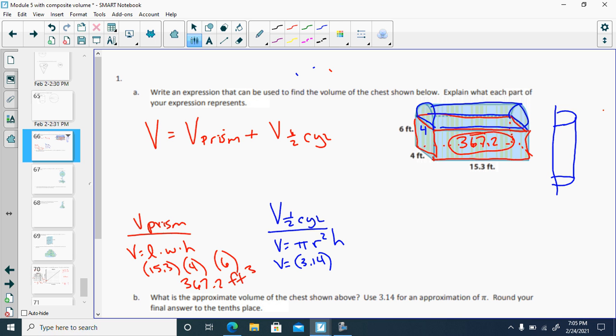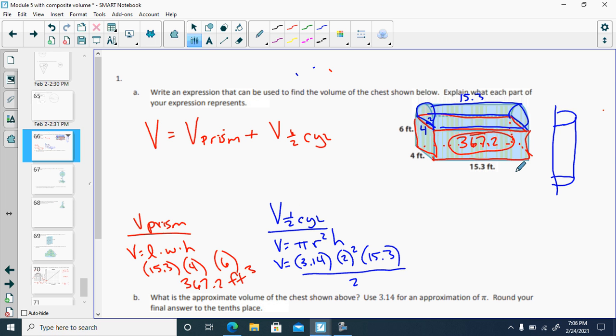So halfway across would be half of that, it would be 2. The radius is 2. The height is going to be this distance here on our cylinder, which is 15.3, okay? So now we need to find all of that, and then we need to divide it by 2 because we want half of the cylinder, right?